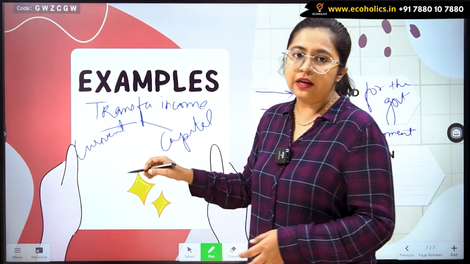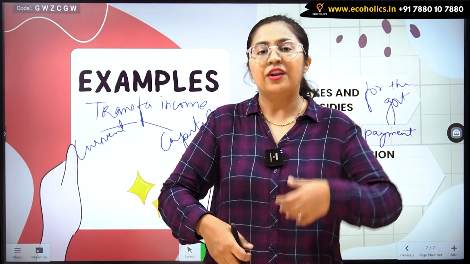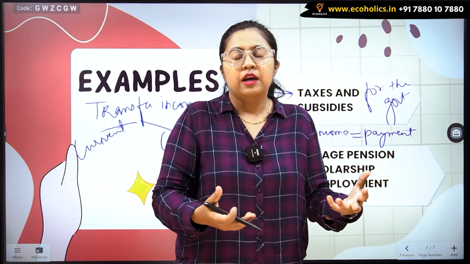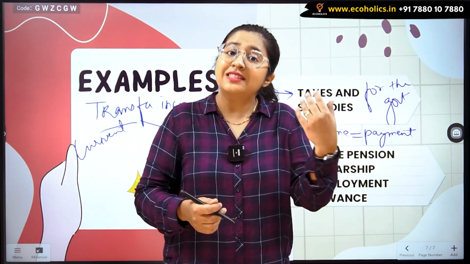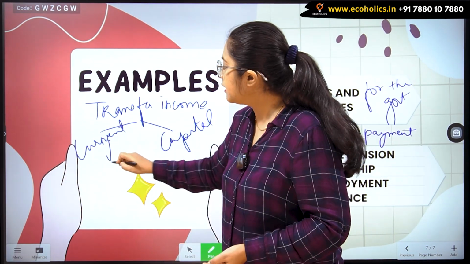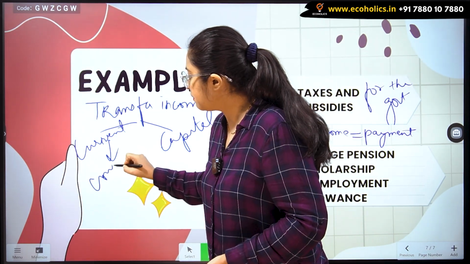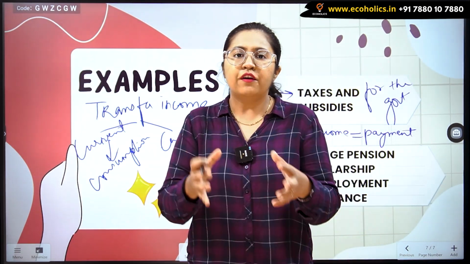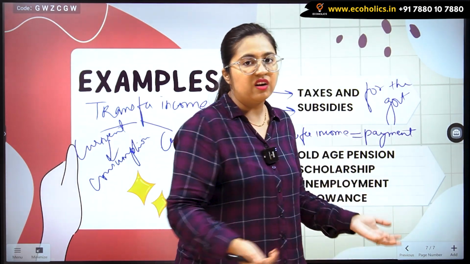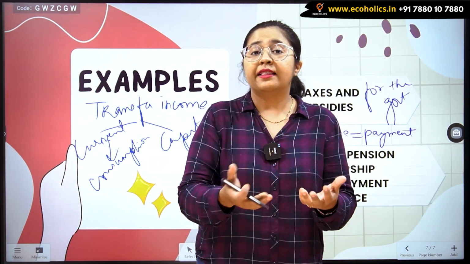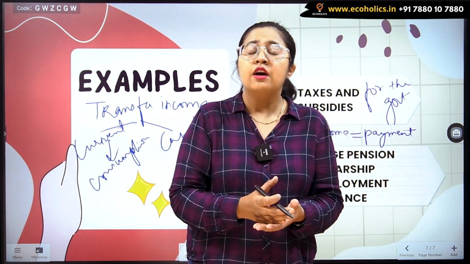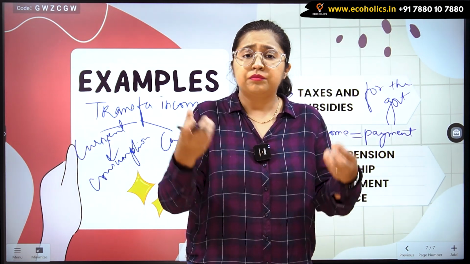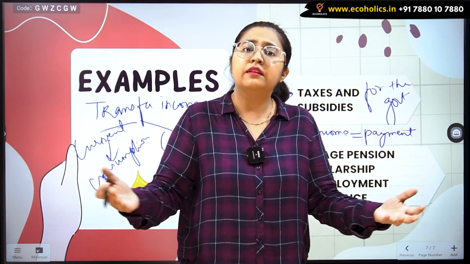Current transfer income is that income or payment given by the government or any other authority to individuals for consumption purposes, for regular usage. For example, unemployment allowance provides earnings for individuals for their daily routine, for their basic necessities, for food, shelter, clothing and many other basic necessities.